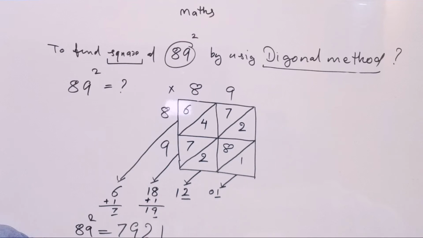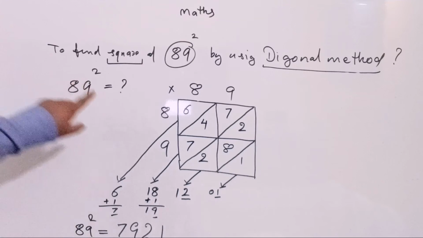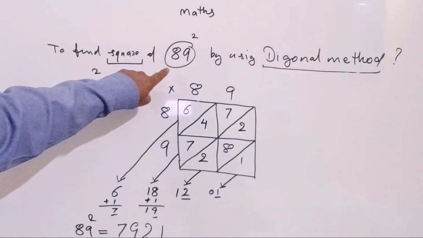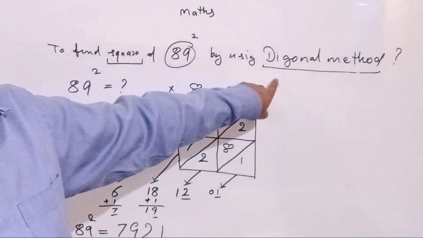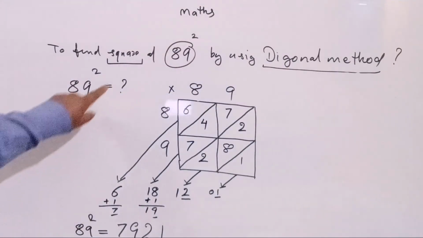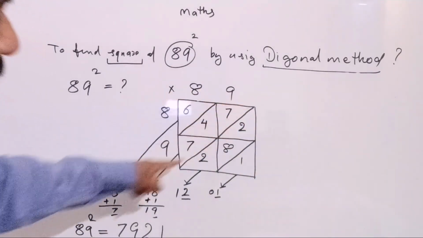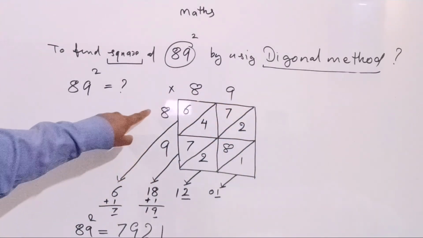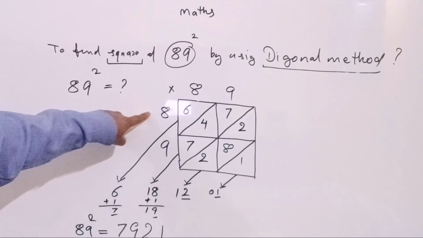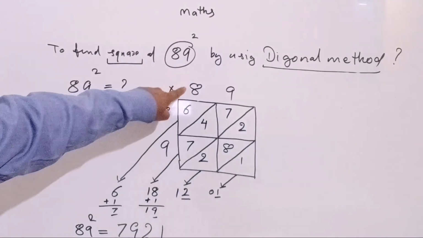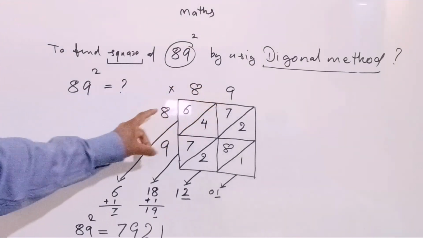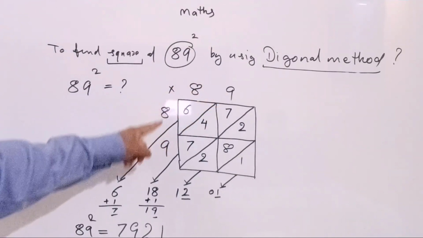So guys, the square of 89 is equal to 7921. Right? So see once more, we have to find out the square of 89 by using diagonal method. So we have to make a square. Diagonally we put the values on the top 8 and 9, in front of these two boxes 8 and 9.